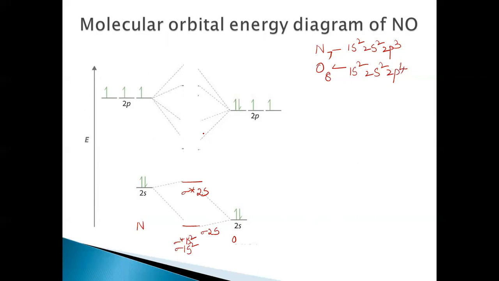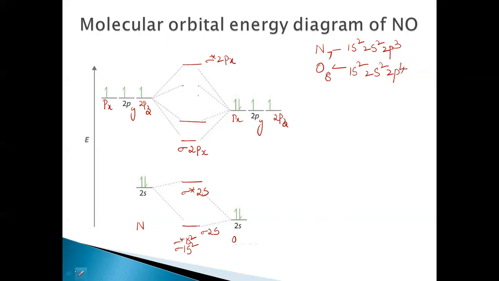Here, if you can see, sigma 2p comes first, that is by the overlap of px orbitals. So this is px, py and 2pz here. So it comes first because the atomic number is more than 15. So sigma 2px, and this is sigma star 2px, bonding and anti-bonding. Then comes pi here.